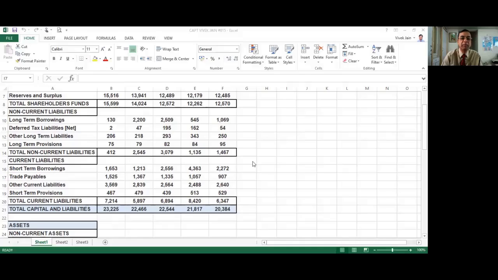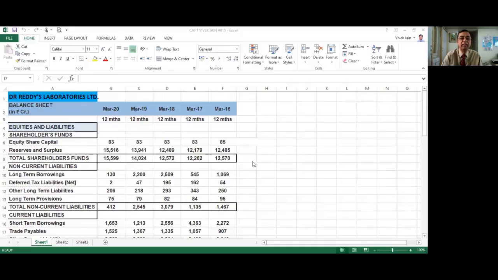If you add both the borrowings, short-term and long-term, in the latest year it comes to around 1783, started off with 3200 or 3300, and if this is compared with the total shareholders fund, that is what gives us the debt equity ratio. And a debt equity ratio of less than 0.5 is considered to be very acceptable and very good for the company, not to resort to very high borrowing.